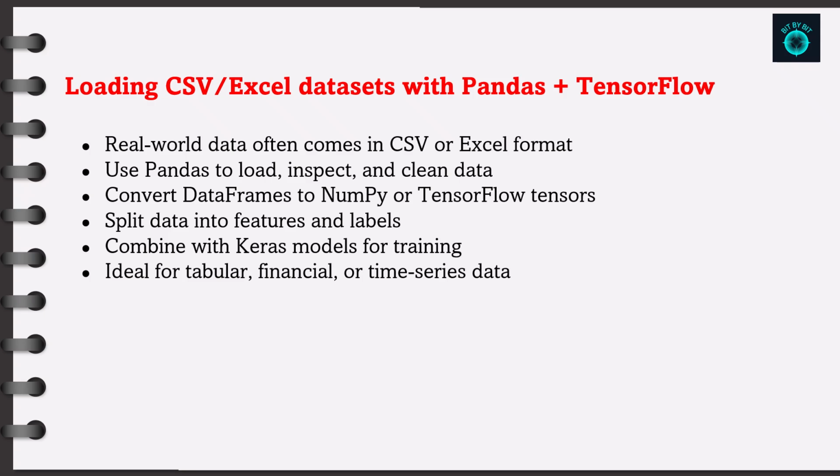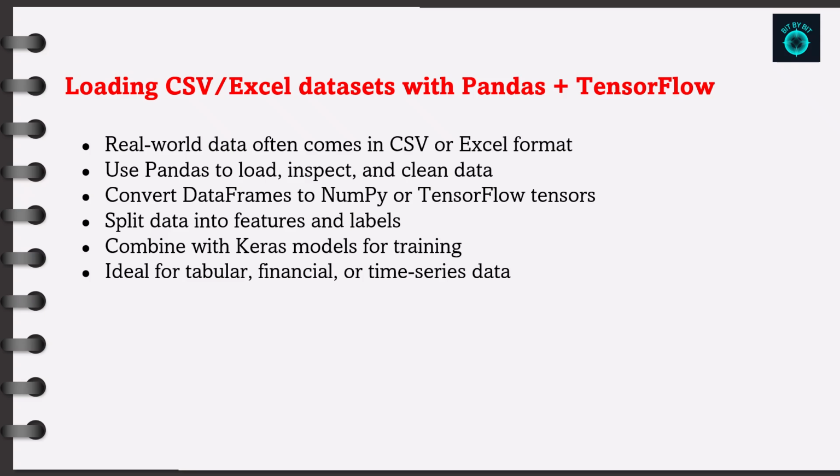Pandas can easily read files using functions like read_csv or read_excel. Once loaded, the data is stored in a data frame, which lets you inspect, clean, and preprocess columns. After cleaning, you'll typically separate the data into features, the input variables, and labels, which are the target outputs you want your model to predict.